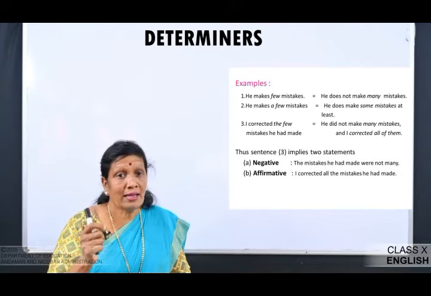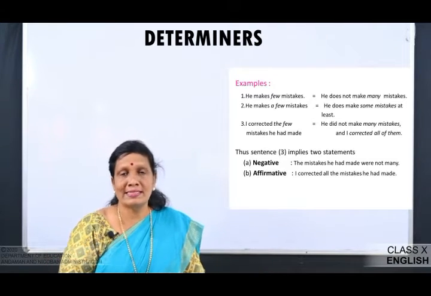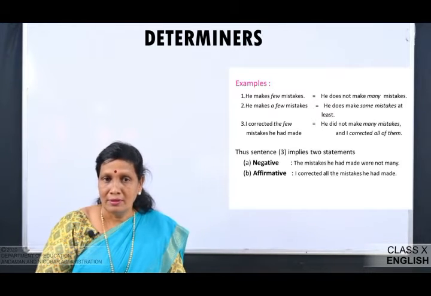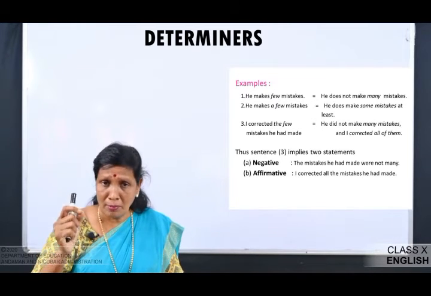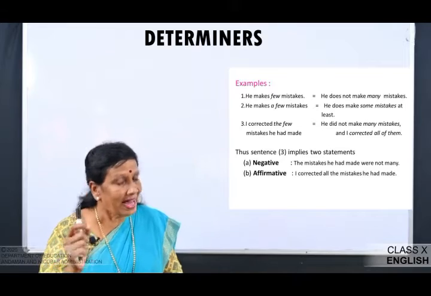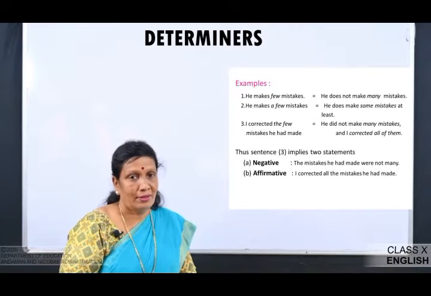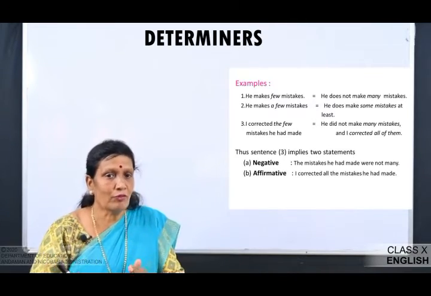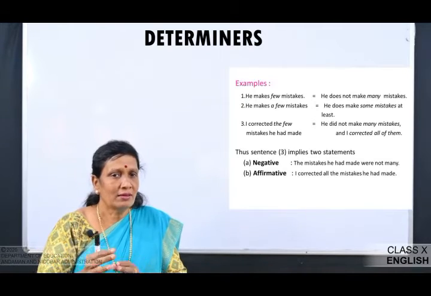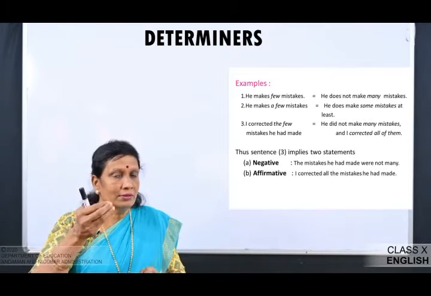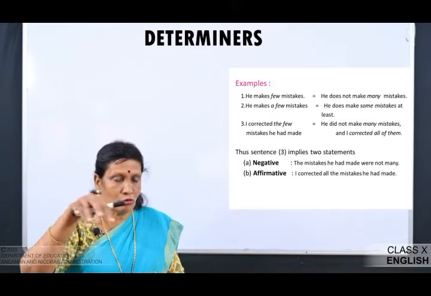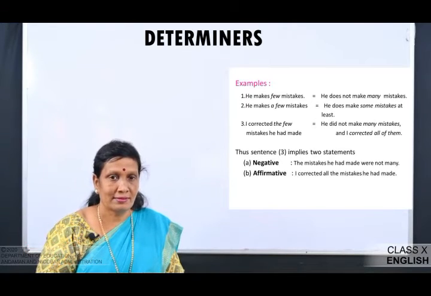I corrected the few mistakes he had made. That means he did not make many mistakes and I corrected all of them. When we say the few, that means we talk of some particular mistakes out of all the mistakes.